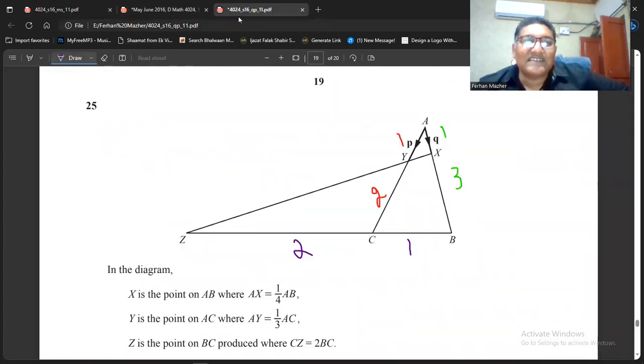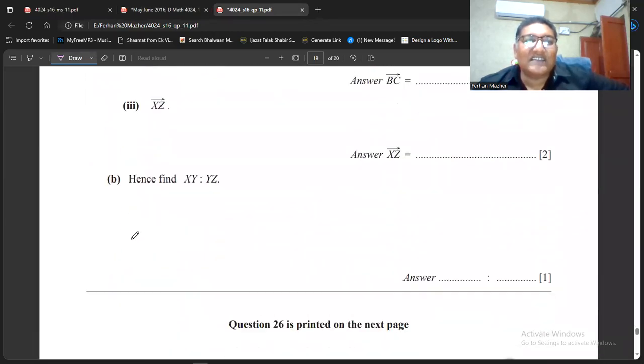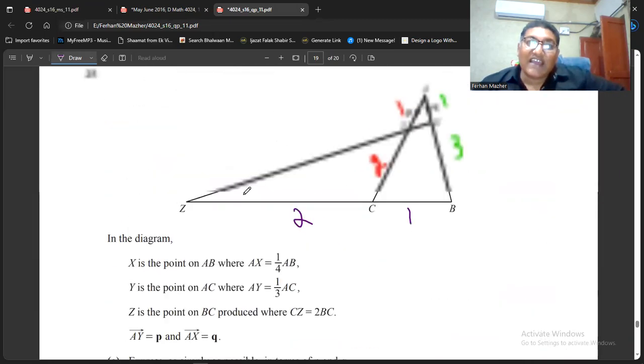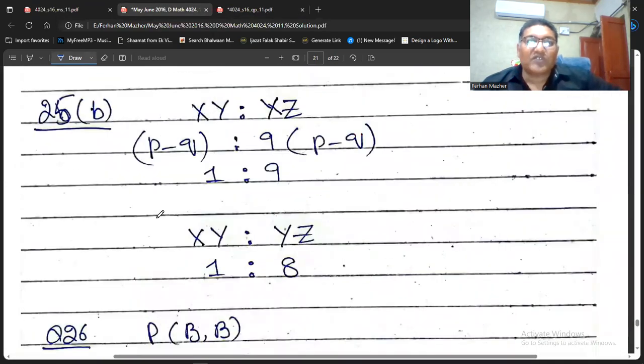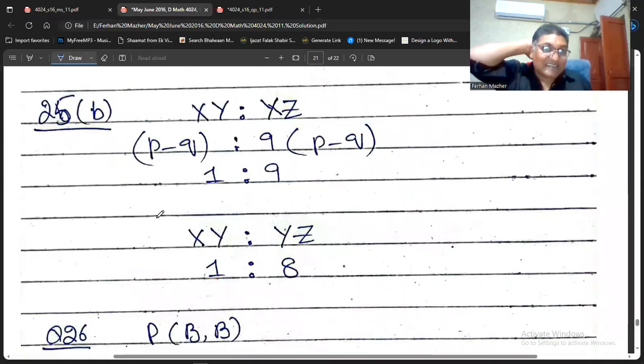Then we have a very simple question: what is the ratio of XY to YZ? They are asking for this ratio. First of all, I know XY and XZ. Their question is not XY to XZ, I will do it in the next step. XY to XZ is P minus Q over 9 times P minus Q. P minus Q cancels, so this is 1 to 9.